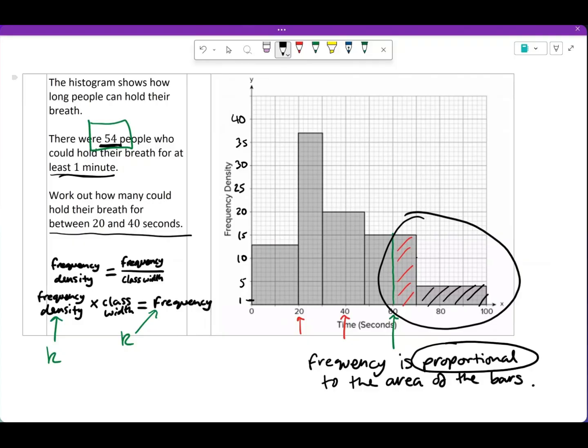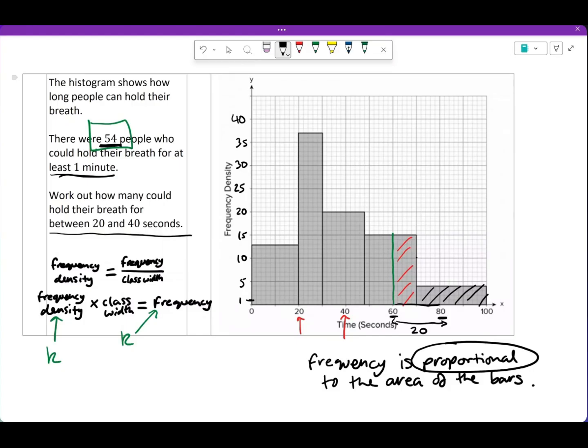Now, in terms of what you could do on the x-axis, you could either use the scale they've given to you. So if 60's here and then 80's over here, we know that 20 is represented by 10 boxes in total going along. So therefore, each little box going to the right is 2. However, you could treat every little box going to the right as 1 if you wanted to, because essentially you're multiplying the class widths all by the same value.